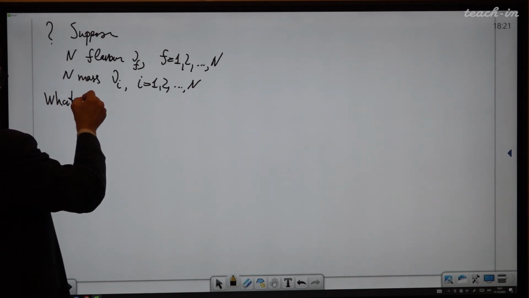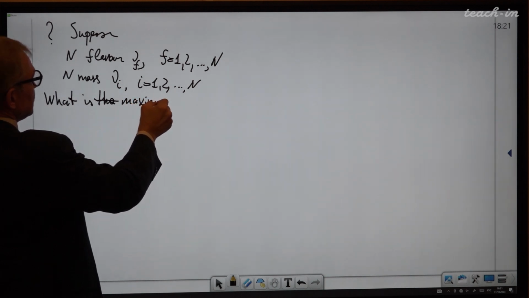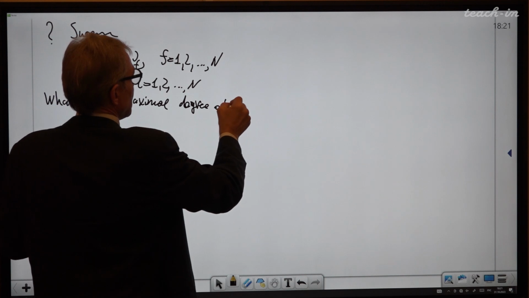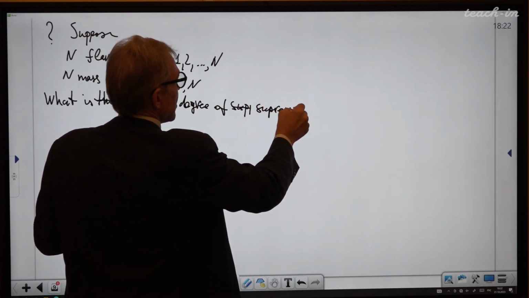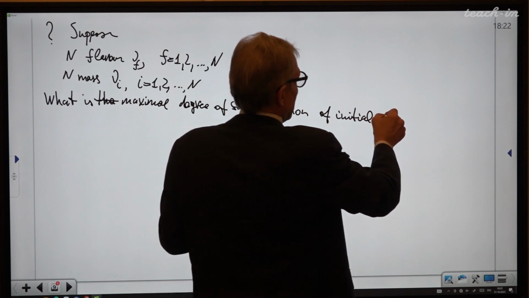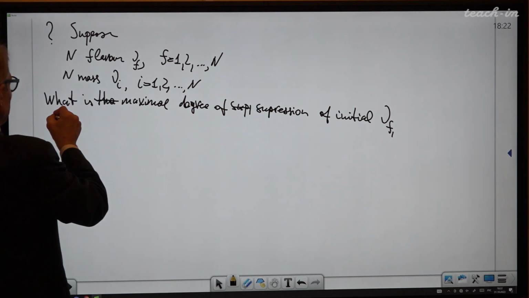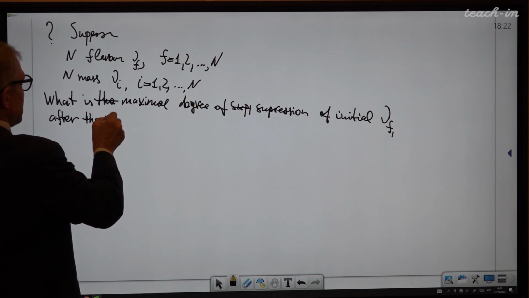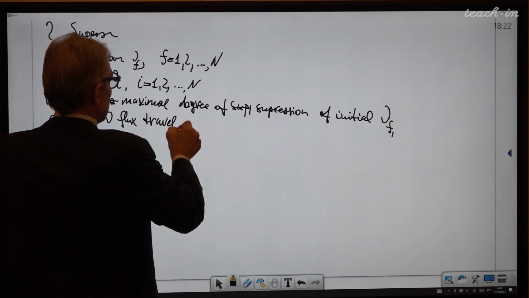What to find, what is the maximal degree of suppression of the initial flavor neutrino, after the neutrino flux travels a certain distance.